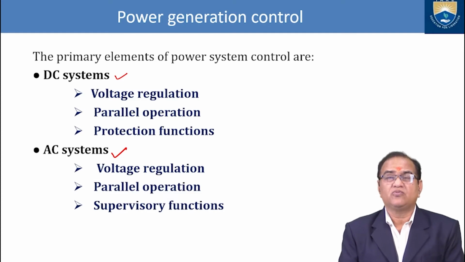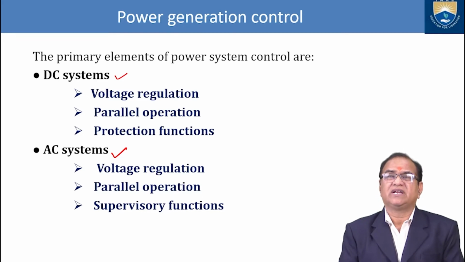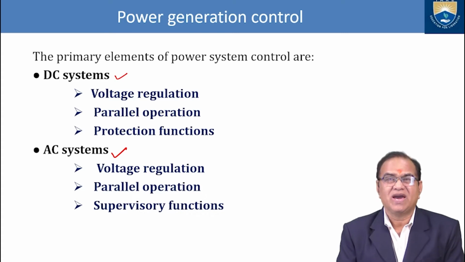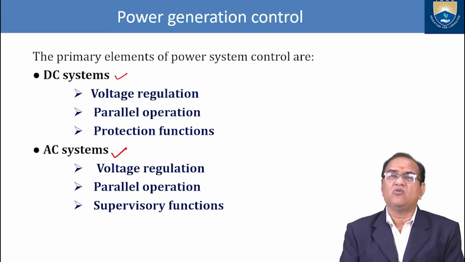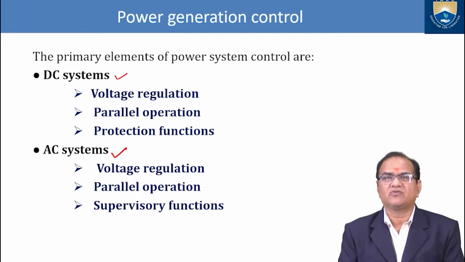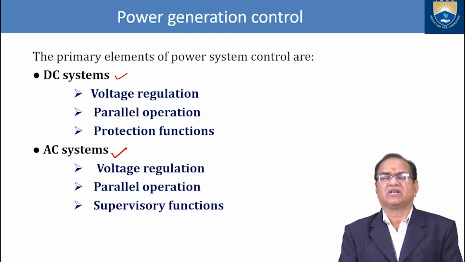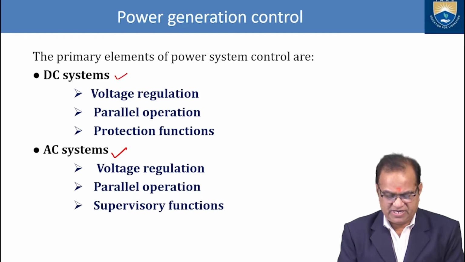So first we need to regulate voltage: how we can regulate the required voltage that is needed for the aircraft. And then we also need a parallel operation. If one fails, how will another system work, and how will both systems work together, and how are these things protected, in which way; these are the things we have to understand.